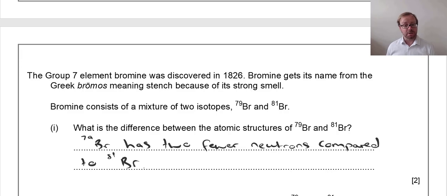Because it's worth 2 marks, I've stated how many neutrons it has fewer. You could also say that 81Br has 2 more neutrons compared to 79Br. So the fact that we stated the number of neutrons, and shown that the number of actual neutrons is different, will give us our 2 marks.